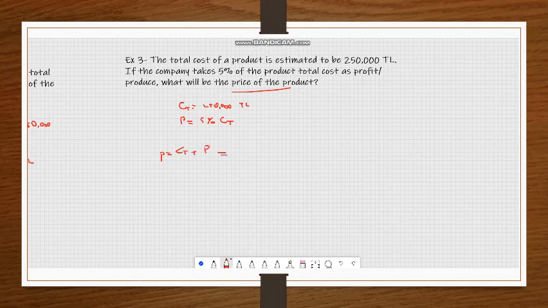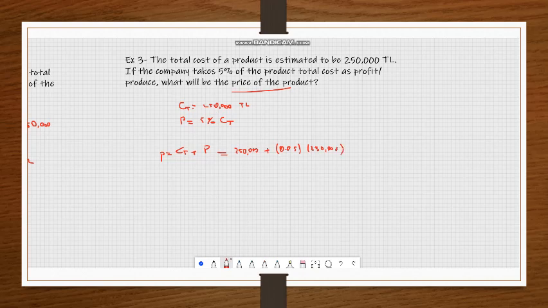The total cost is 250,000 Turkish lira plus the profit. Profit is 5%, which is 0.05 multiplied by the total cost, which is 250,000 Turkish lira.